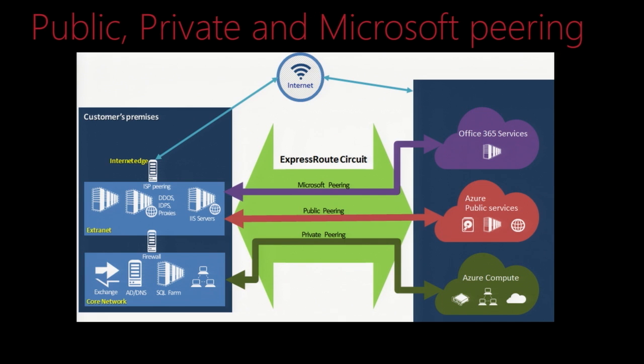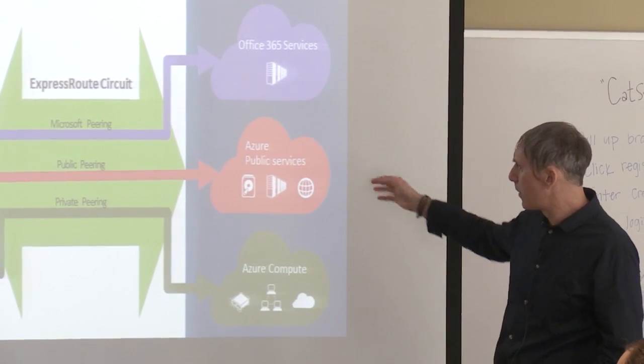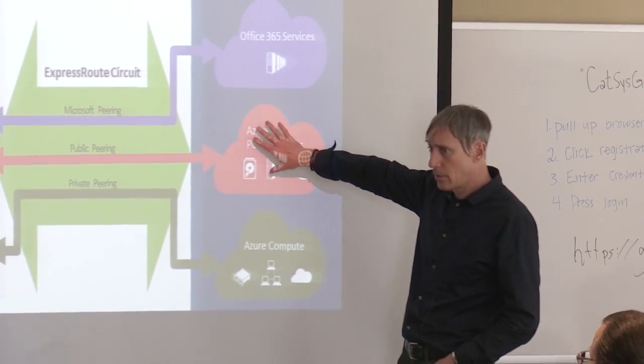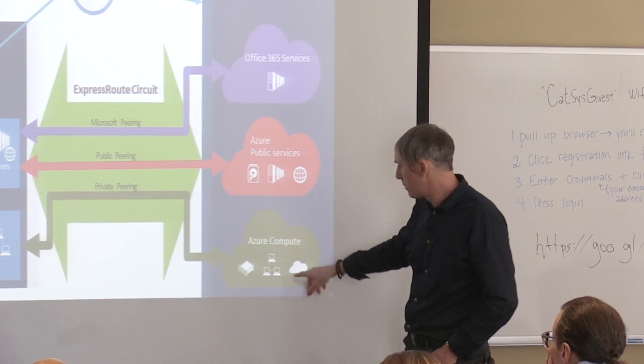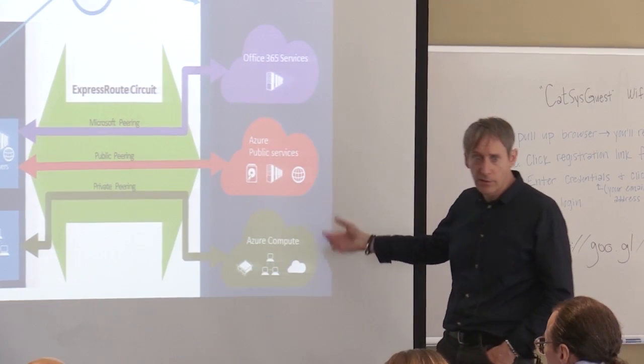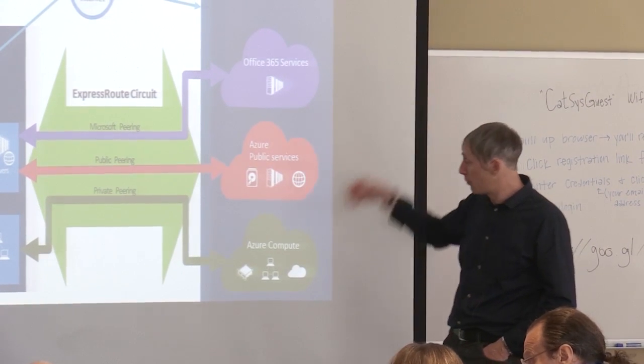Now, interestingly, Microsoft used to say there are 3 types of peering available with ExpressRoute: public, private, and Microsoft peering. So the public peering is basically platform as a service offerings in Azure. Your private peering is your virtual machines and infrastructure as a service that you're going to deploy.